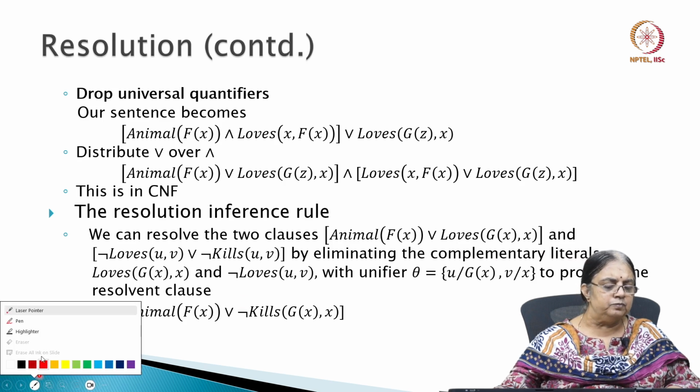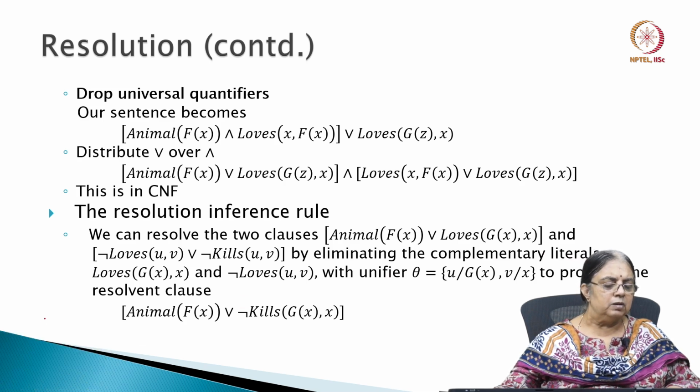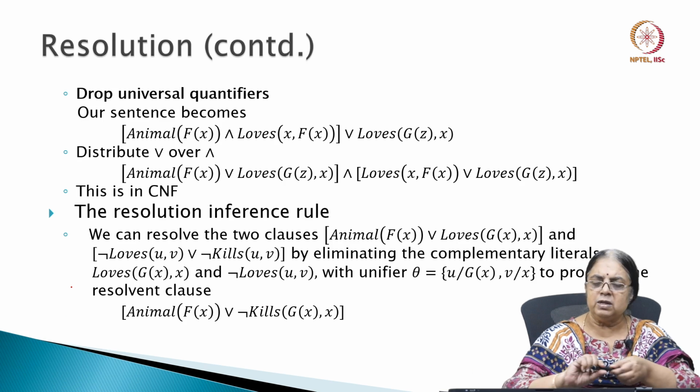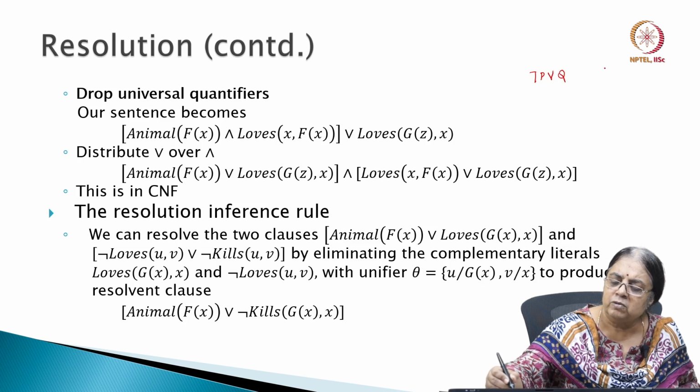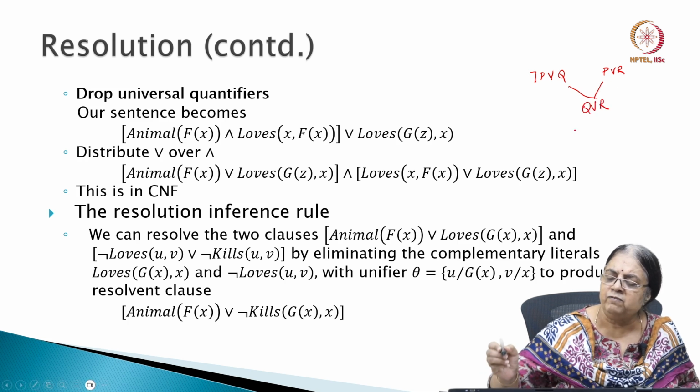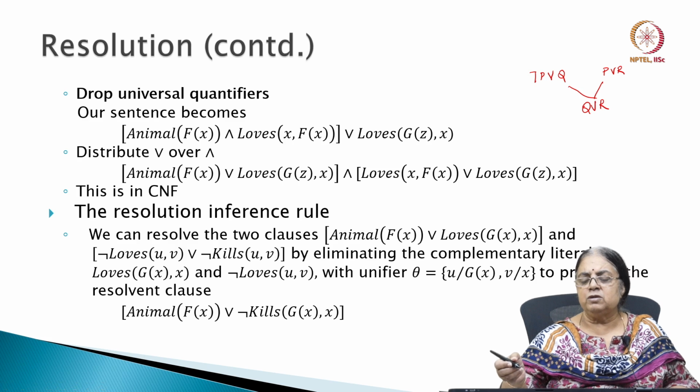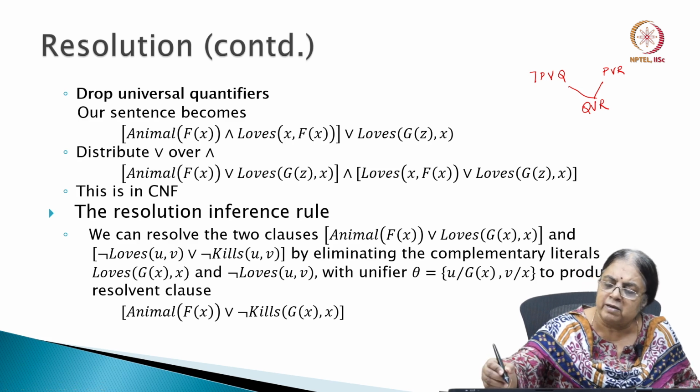So what you are doing is that if you have something like not P or Q and you have P or R, you are combining these two, okay, and you are eliminating not P and P and you are getting Q or R.